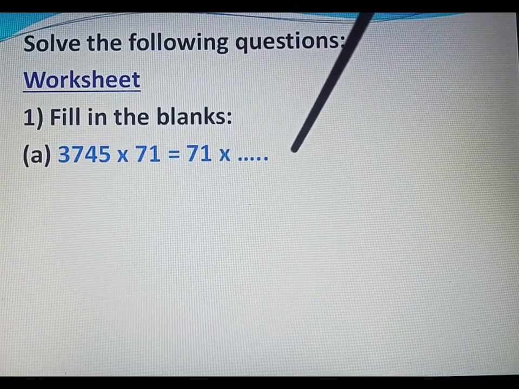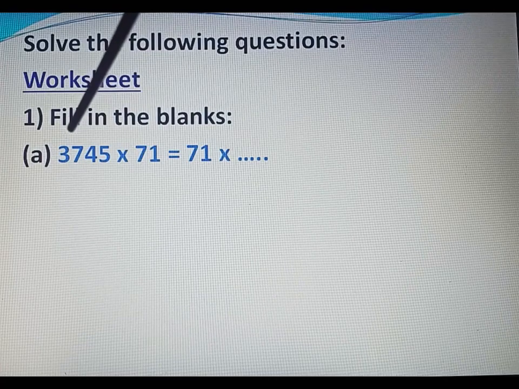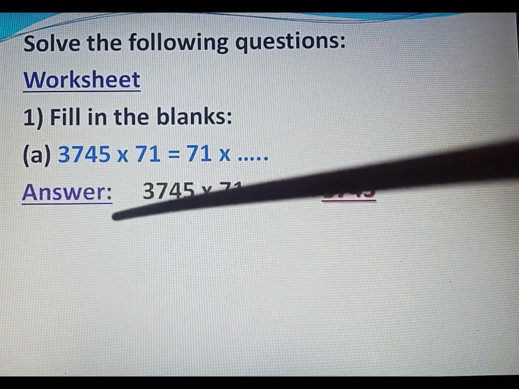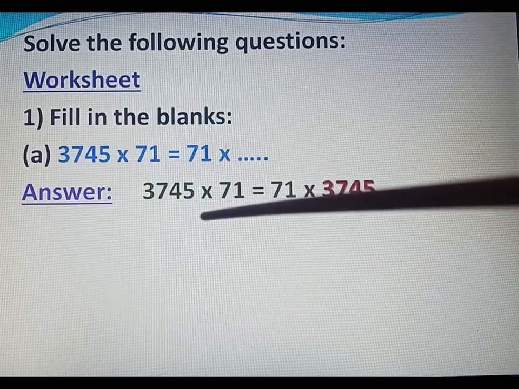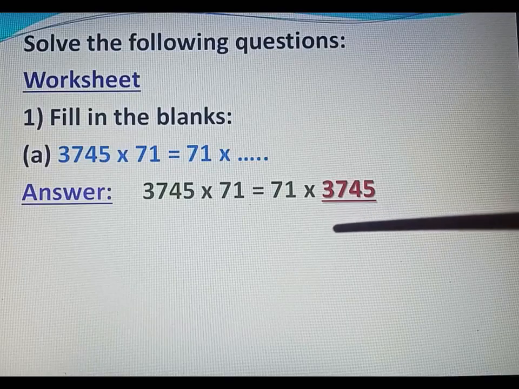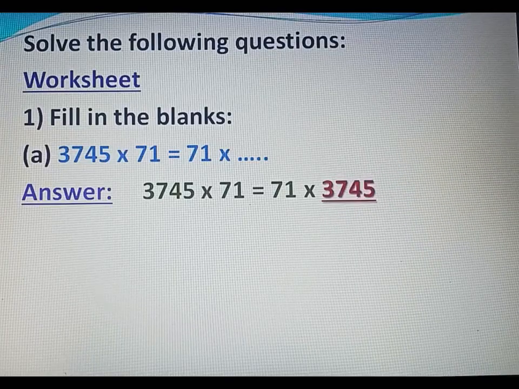On the right side 71 comes first, so the second number will come, that is 3745. Answer: 3745 multiply 71 equal 71 multiply 3745. So 3745 is the answer.